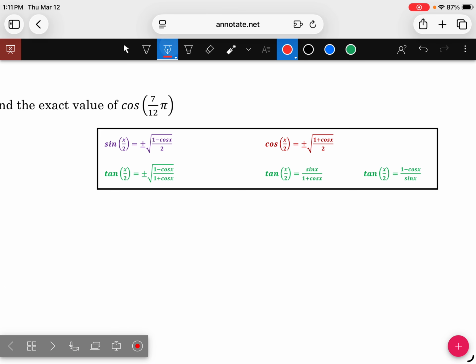I'm going to take 7 pi over 12 plus 7 pi over 12. We have our common denominator. So 7 plus 7 would be 14 pi over 12. Go ahead and reduce that fraction down. 14 over 12.